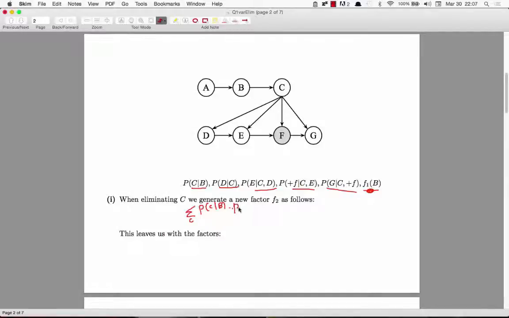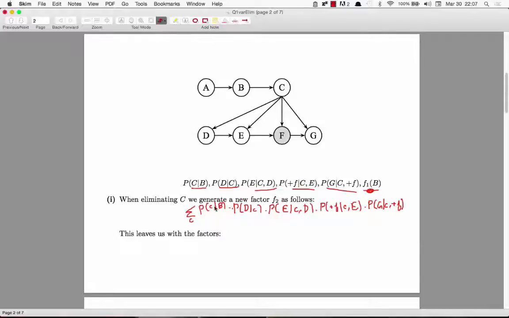The next one is d given c, e given c comma d, plus f given c comma e, and the last one being g given c comma f.